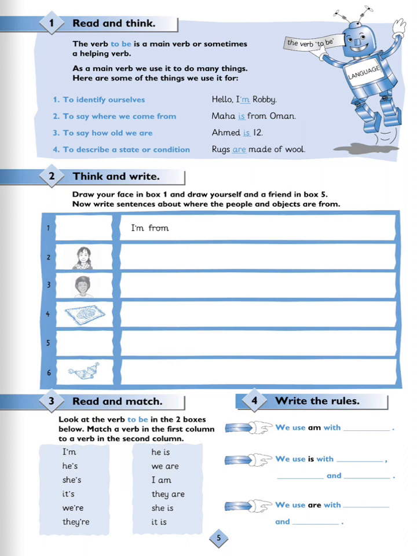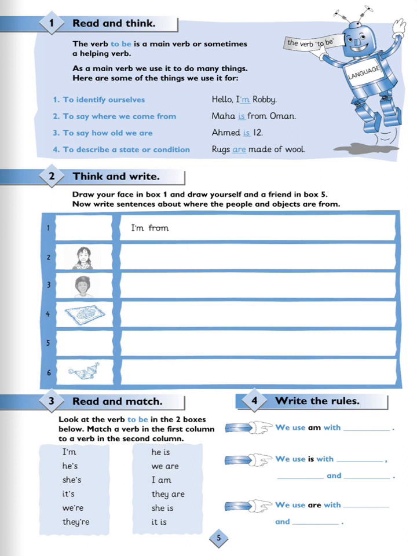Exercise number 1. Read and think. The verb to be is a main verb or sometimes a helping verb. As a main verb, we use it to do many things. Here are some of the things we use it for. Number 1, to identify ourselves. For example, hello, I'm Ruby.